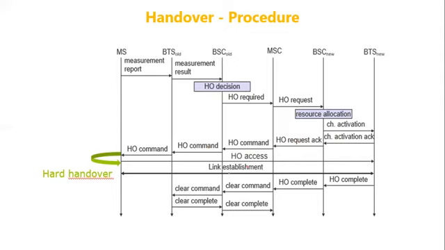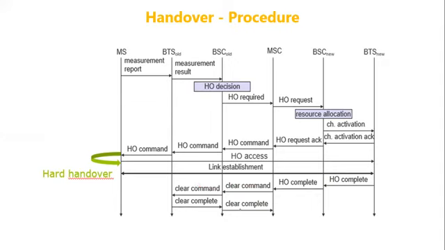So now the link is established between the mobile station and the BTS new, and the handover is completed through this command. There is a HO complete from BTS new to BSC new, and again a HO complete from MSC to BSC old. Then there is a clear command from MSC to BSC old, and another clear command from BSC old to BTS old.